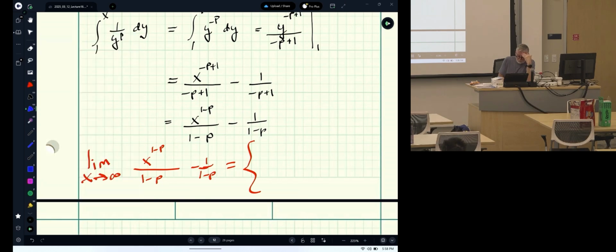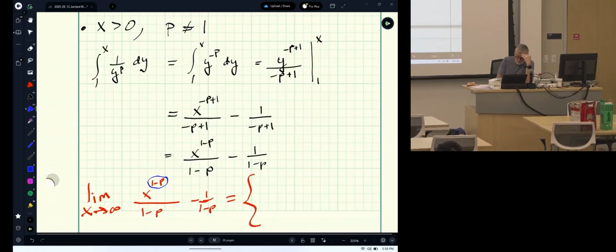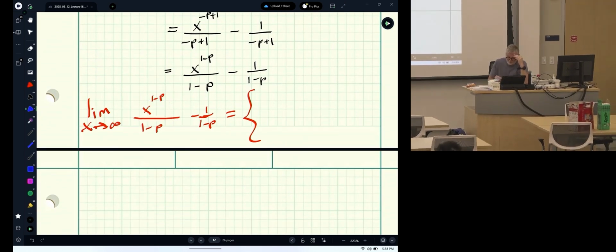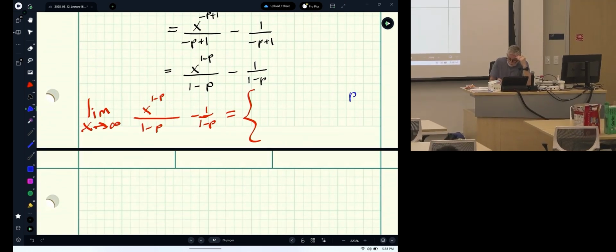Right, we don't have to worry about p equals 1 because we ruled that out up here. So let's do p greater than 1 and p less than 1.